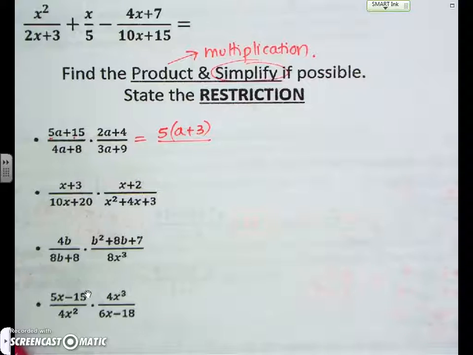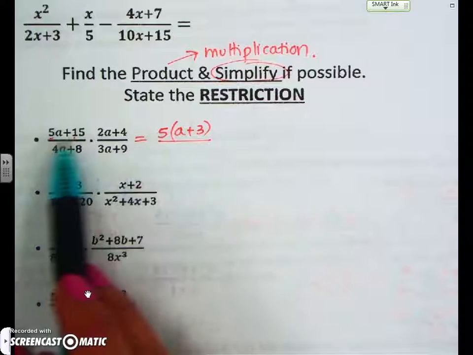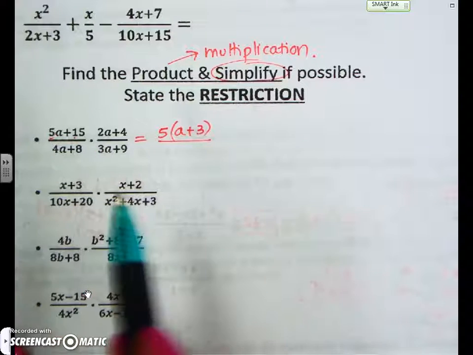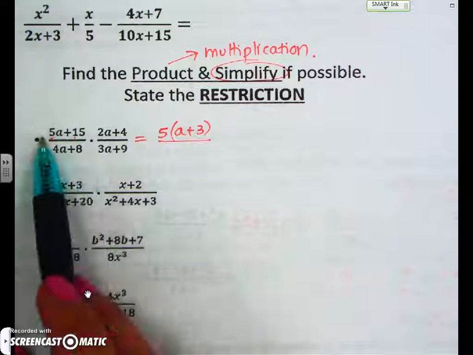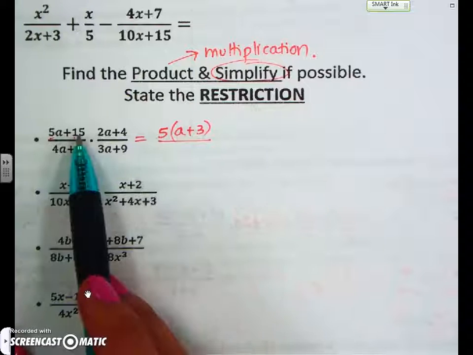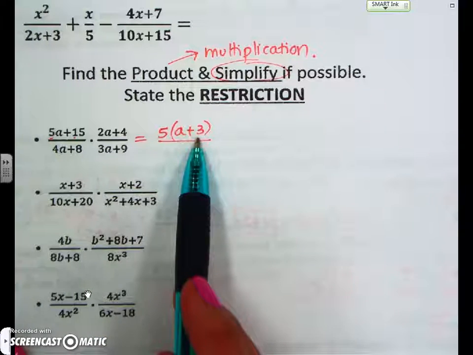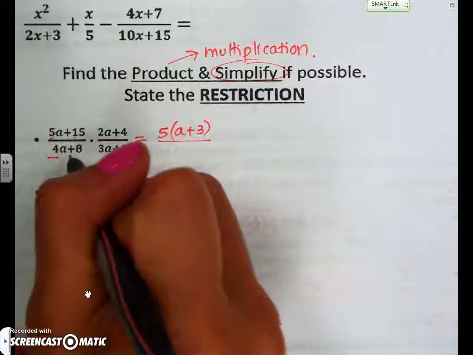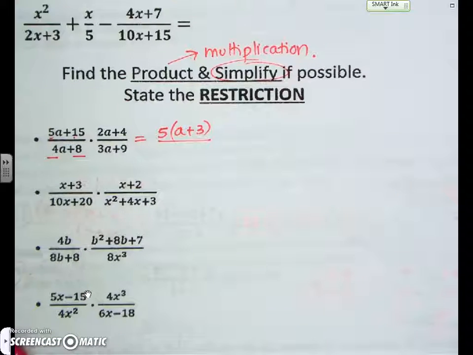You can see it two ways. 5 times a gives me 5a, and 5 times 3 gives me 15. Or you can think about it in division. 5a divided by 5 is 1a. 15 divided by 5 is 3. Sort of? It went over your head? Okay. What do I have in common between the 4 and the 8?